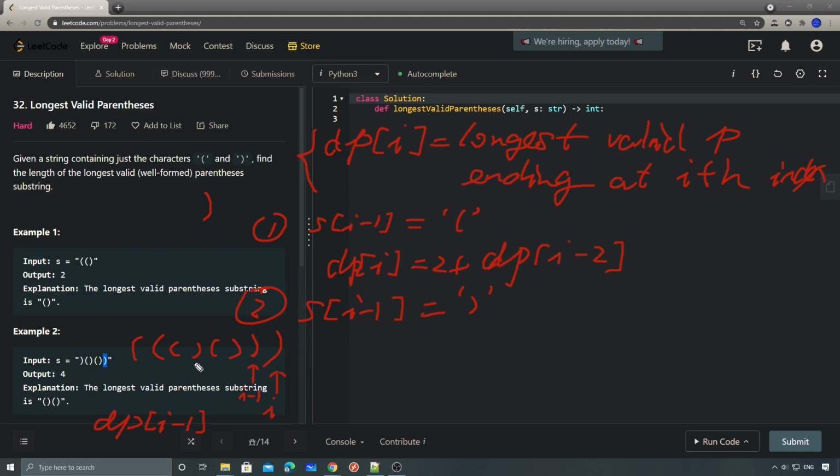In this case, it's 1, 2, 3, 4, 5, 6. Actually, dp[i-1] in this case is 6, which means that we have 6 valid parentheses from here to here.